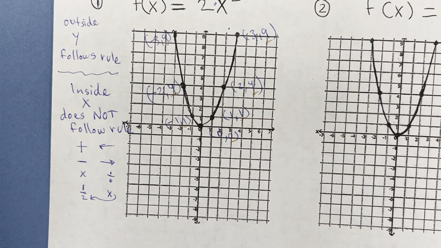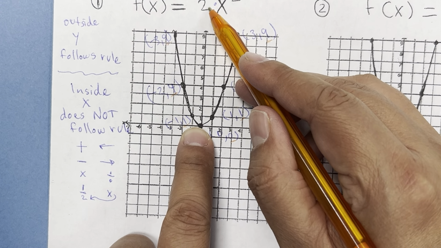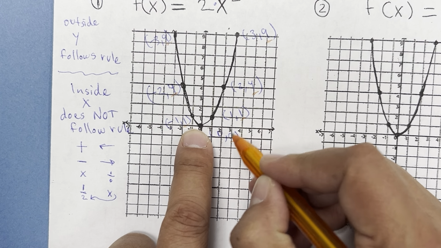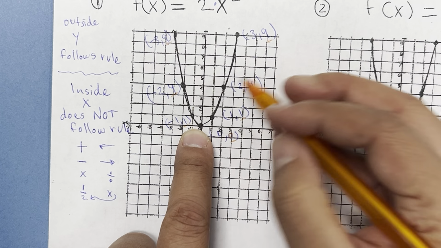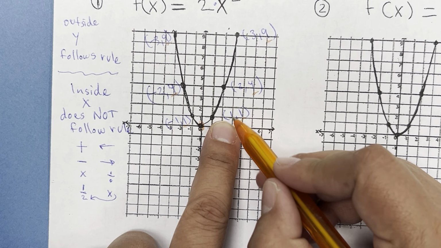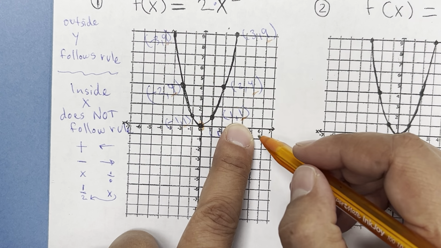And so, for this first one, 0 times 2 is 0. So this one stays the same, 0, and 0 times 2 is 0, so it's 0 for y again. For this one, the x is going to stay as 1, but the y is 1 times 2, 2.